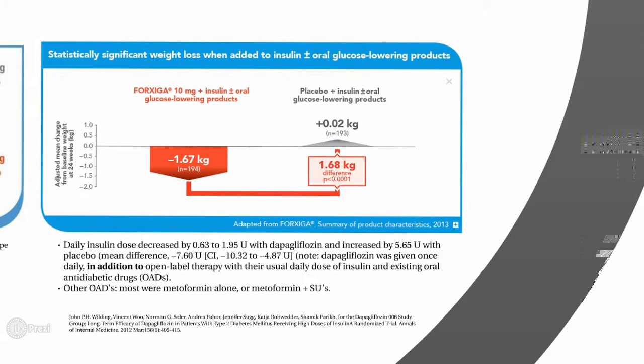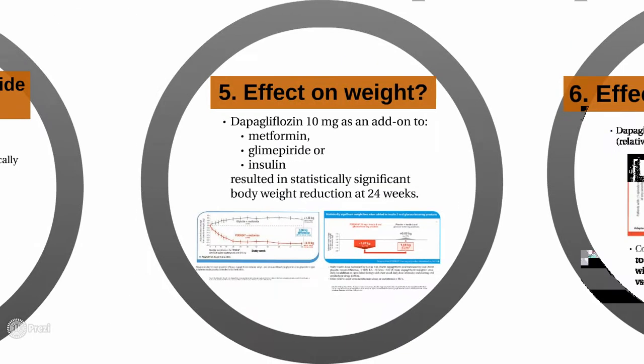Here we see the opportunity to reduce insulin use in patients who are on chronic insulin therapy. In this study, patients lost weight and decreased their insulin use by 2 units, whereas people on placebo increased their use of insulin by about 5.6 units without dapagliflozin. I thought that was relatively impressive as well. So that was their effect on weight.